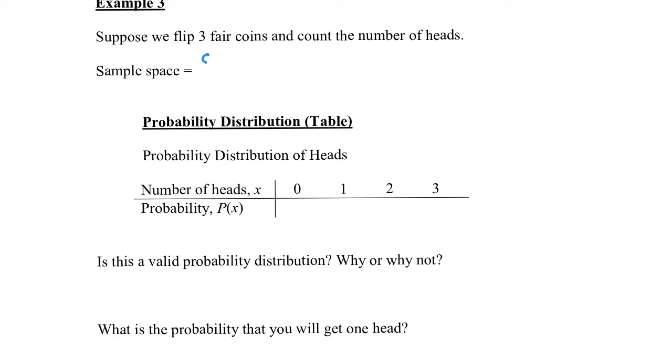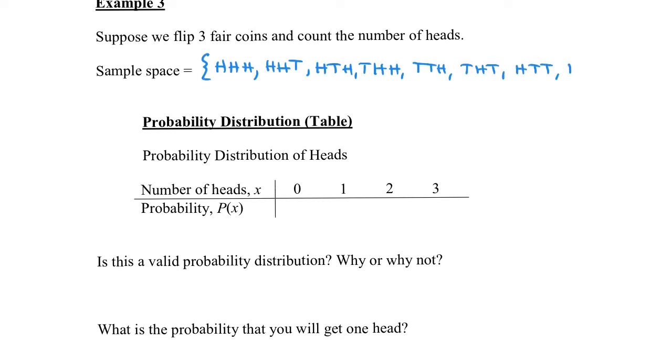It could be that the first coin, second coin, and third coin are all heads. Or it could be that maybe the first 2 were heads and the third one was a tail. Or maybe the middle one was a tail or the first one was a tail. But in all 3 of those cases, we have 2 heads and 1 tail. And then, of course, it could be 3 different ways to get 2 tails and 1 head.